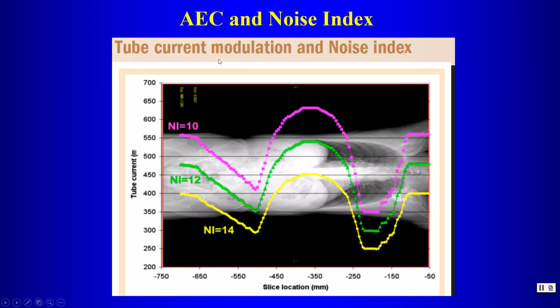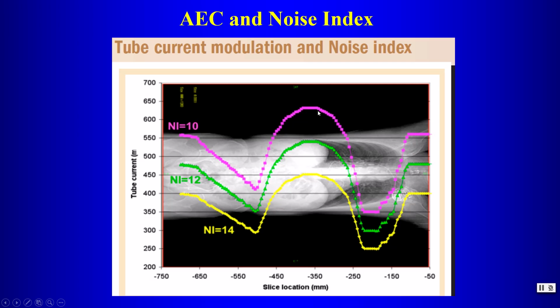Using tube current modulation, the extent of the modulation changes depending on the noise index. You can see here that when the noise index is set higher, meaning that you are going to tolerate more noise in your images, the tube current is not changing as much as it is here where we set a lower noise index.